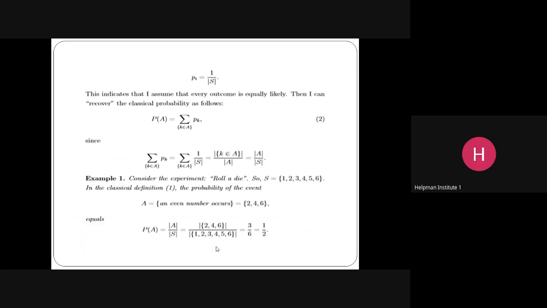Just for people to recall, if we are defining the classical and the frequency definition of probability, when events are equally likely, they all have equal chances of occurrence.